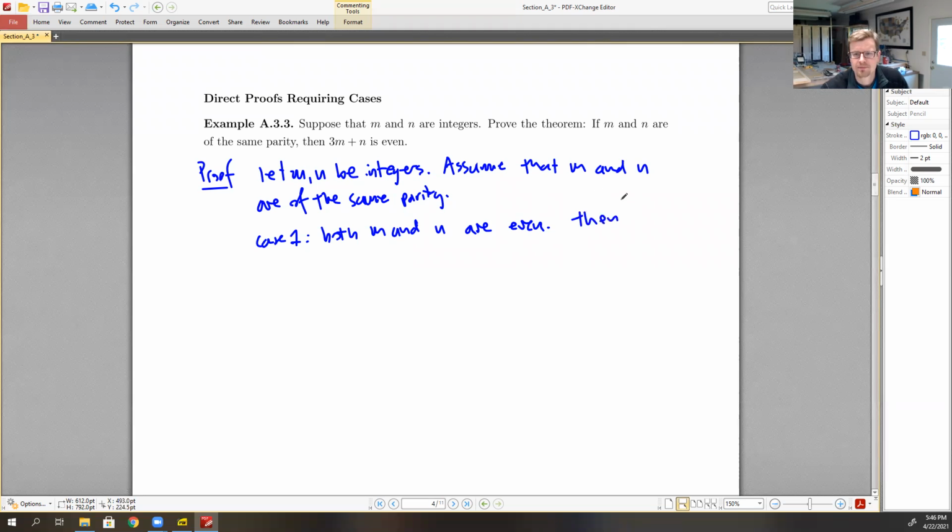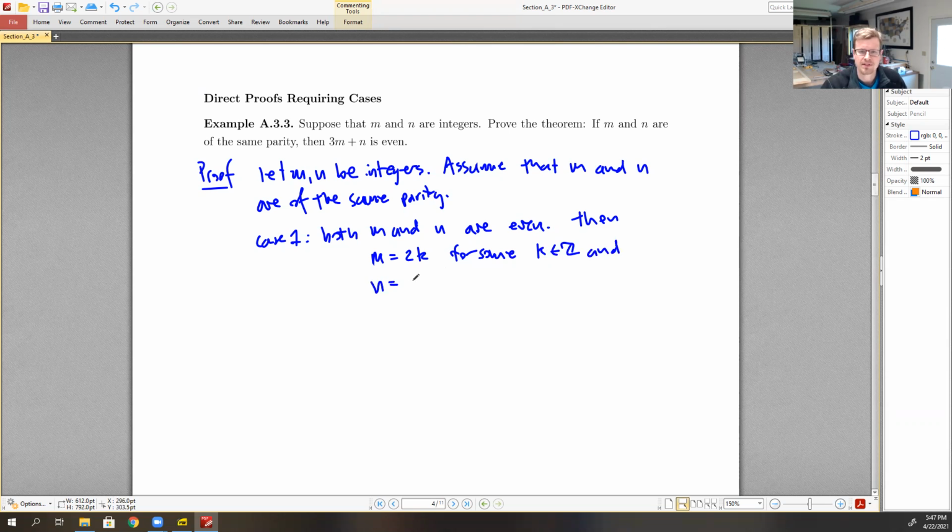Then, since m is even, we can write it in one particular way, and since n is even, we can write it in one particular way. So m can be written as 2 times k for some integer k.